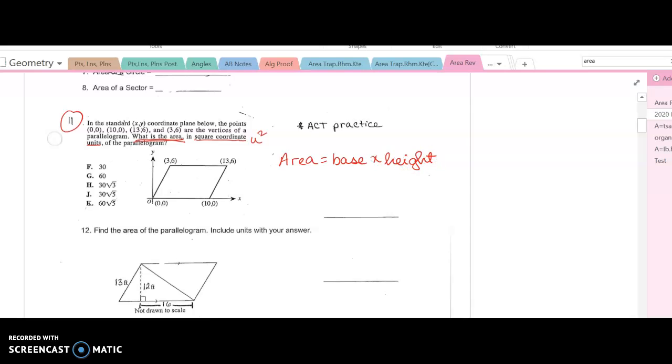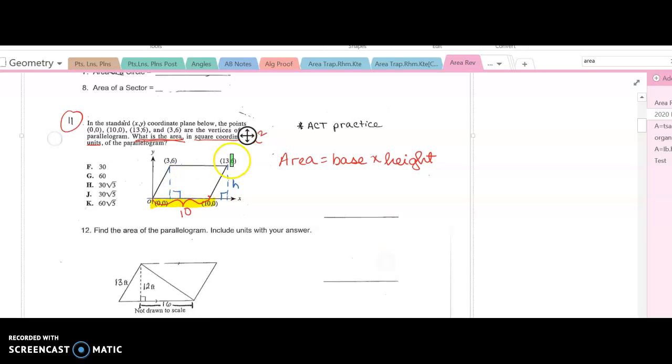In this case, this is our base here, and if we start at 0, 0 and go to 10, 0, that distance will be 10. We also know our height would be over here. It would be perpendicular to our base. You could even draw it in here if you wanted to. It doesn't matter.